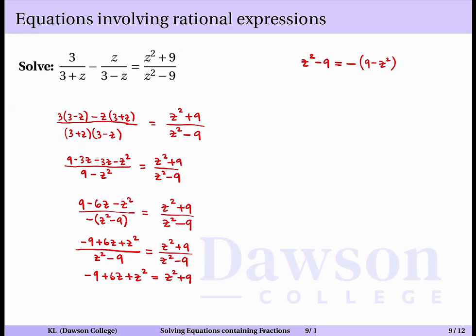And in here, we can cancel out z squared. And then for this one, we can bring it to the other side so that the equation will become 6z equals 9 plus 9 equals 18. And solving for z, 18 divided by 6, that will be equal to 3.